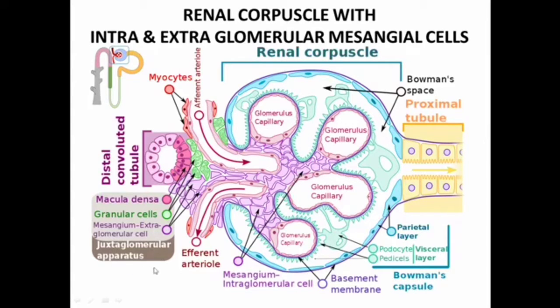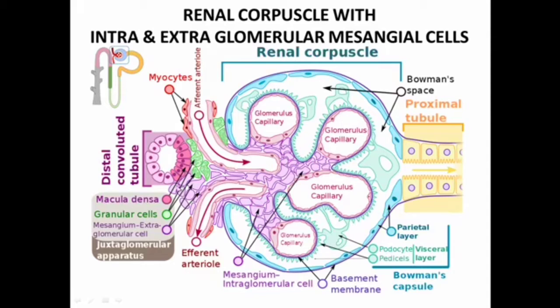Now this juxtaglomerular apparatus has three components. The macula densa, the granular cells, also called the juxtaglomerular cells, and the third component are these extraglomerular mesangial cells.